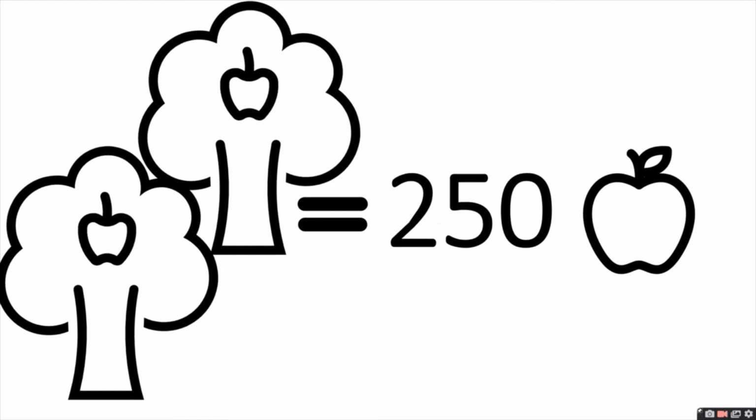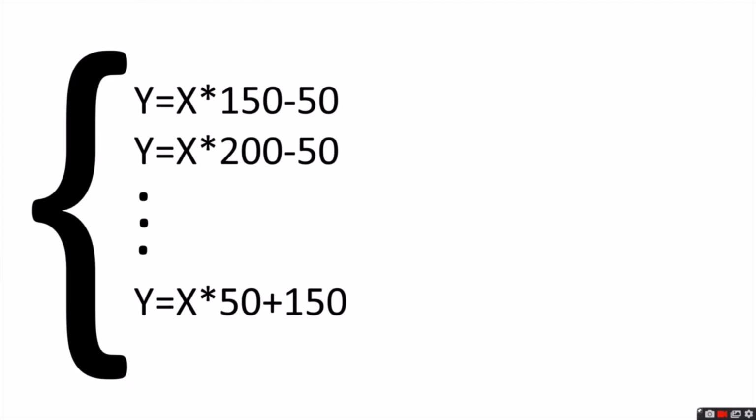If we were to plant 2 apple trees, we would have 250 apples. And the algorithm, after checking that its formula doesn't predict correctly, would keep on generating different formulas until it derives one that suits all the 3 examples that we gave to the algorithm.